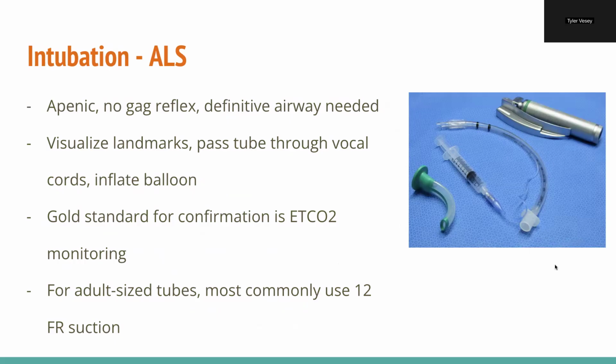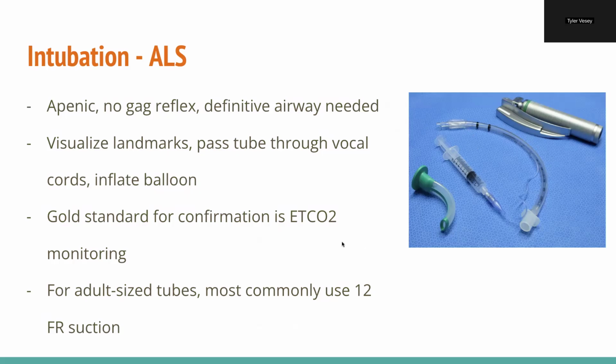Intubation. Again, apneic, no gag reflex, and we need a definitive airway. Again, doesn't necessarily have to be apneic, but can't have a gag reflex. So we're going to visualize our landmarks that we talked about earlier in this video, visualize the cords, pass the tube through the cords, use our 10 ml syringe to inflate the balloon, and secure it with our commercial securing device, our tube tamer.